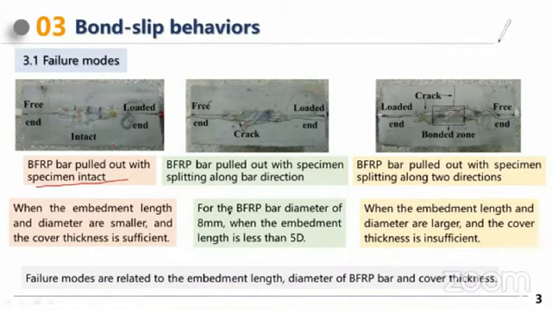For the BFRP bar diameter of 8 mm, when the embedment length is less than 5 diameters, then the failure mode is the BFRP bar pulled out with the specimen splitting along the bar direction. When the embedment length and diameter are larger and the cover thickness is insufficient, the failure mode is the BFRP bar pulled out with the specimen splitting along 2 directions, this direction and this direction.